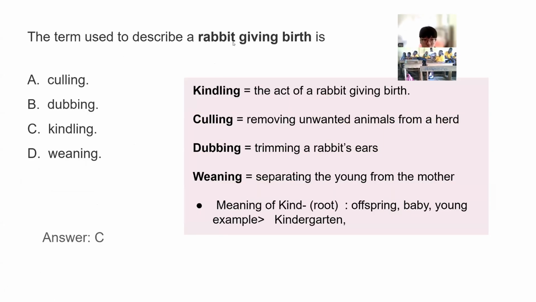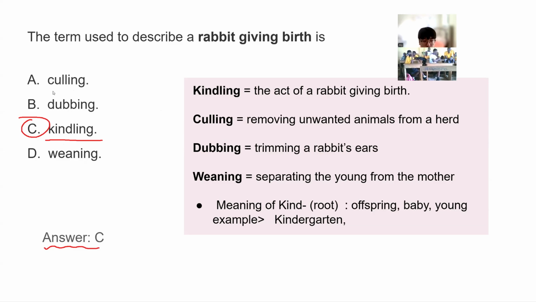The term used to describe a rabbit giving birth is... I gave out the answer for this one. It's already on here, but you just need to know some of the terminology, maybe. So C, kindling, is the term used to describe a rabbit giving birth.